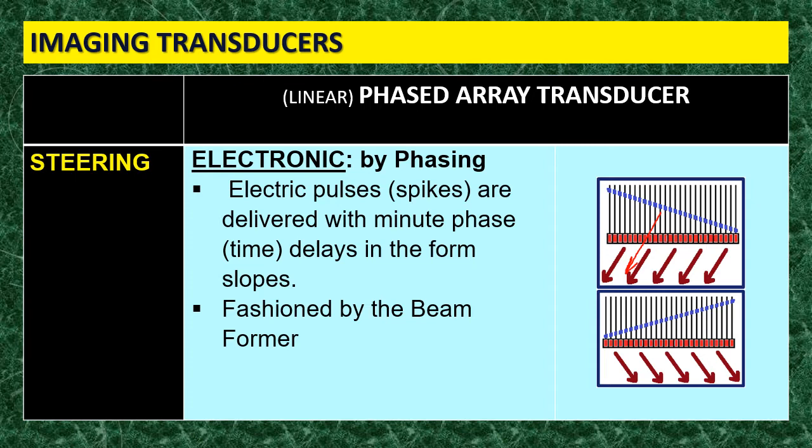So if I'm having, for example, 62 active elements, I'm having 62 wires. Here is one active element.